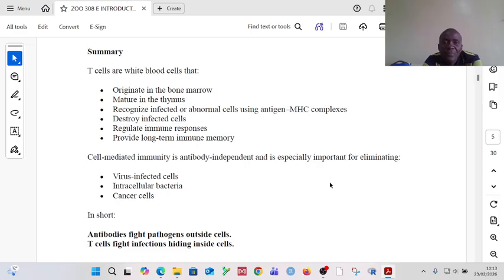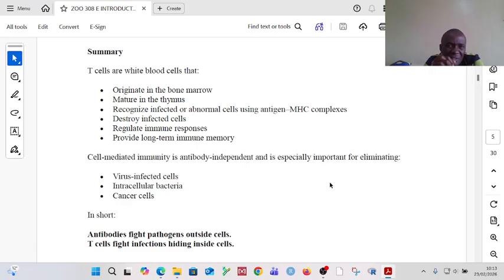As they mature in the thymus, they are given the ability to differentiate between self and non-self cells. Then these T cells have the ability to recognize a cell that is infected and a cell that is abnormal.